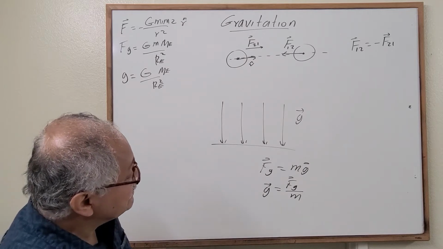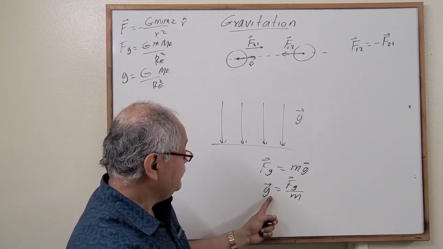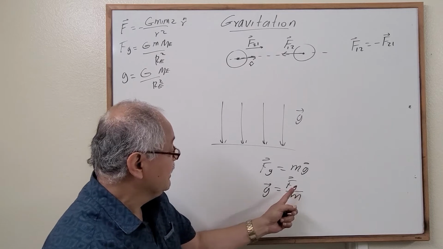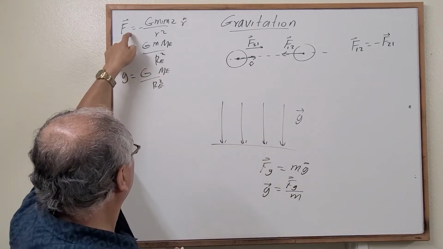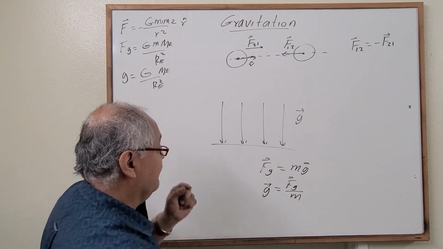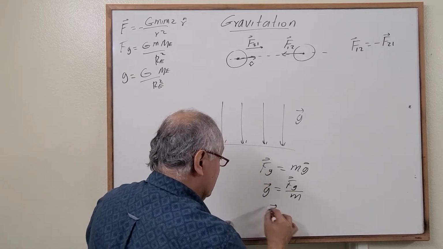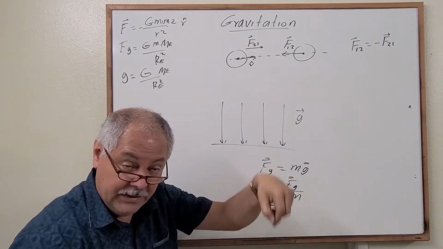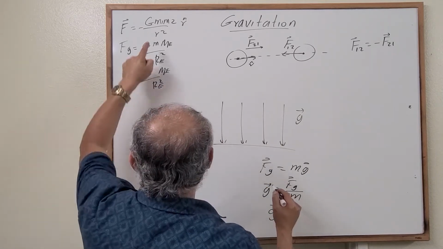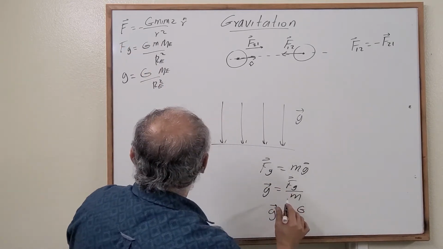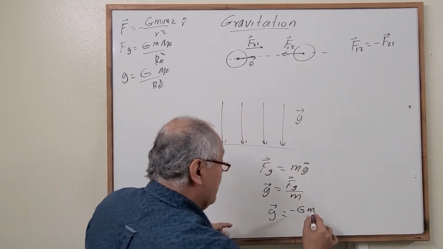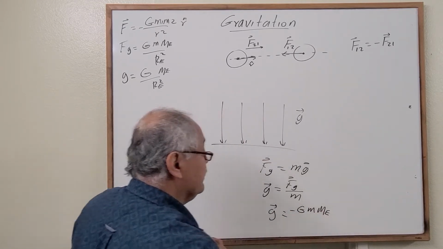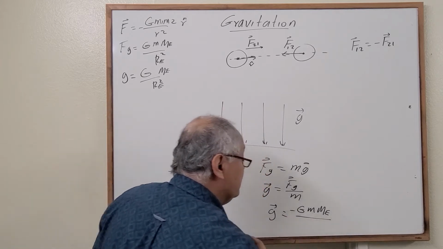Okay, when we substitute this value right here, what do we have? Now g, the gravitational field, which is a vector, is equal to negative G times the mass of the Earth, divided by the radius of the Earth squared. This is for the Earth.